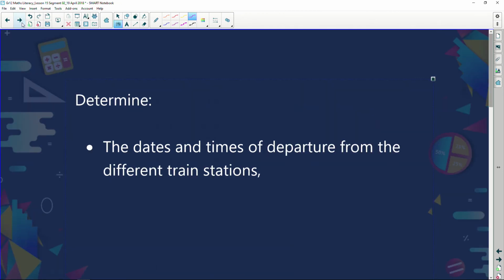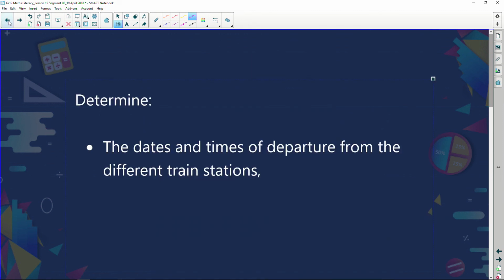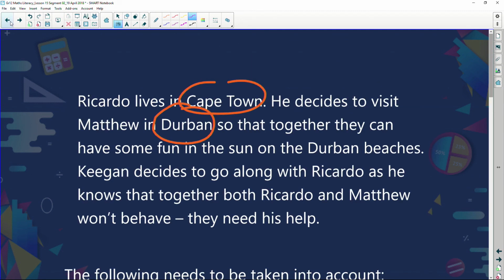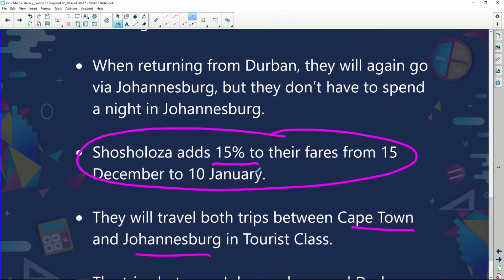So when I look at my timetable, anything from the 15th all the way through to January is going to be plus 15%, or was it plus 10%? We'll look at that now. That means that this trip I'm taking from Joburg to Cape Town, I'm paying the fare as it's stipulated. But all my other fares are going to have an added amount of money because they add a certain percentage. Let's just have a look at that quickly. It says they're going to add 15%.